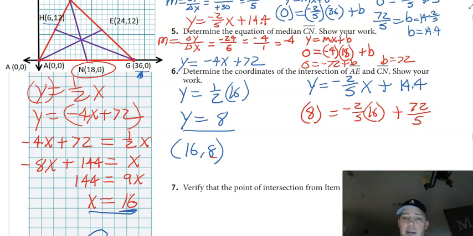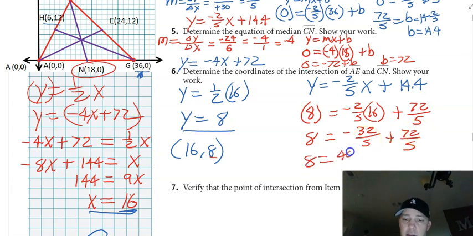All right, so I get 8 equals -32/5 plus 72/5. So -32 plus 72 gives me 40/5, positive 40/5, and 40 divided by 5 does equal 8.